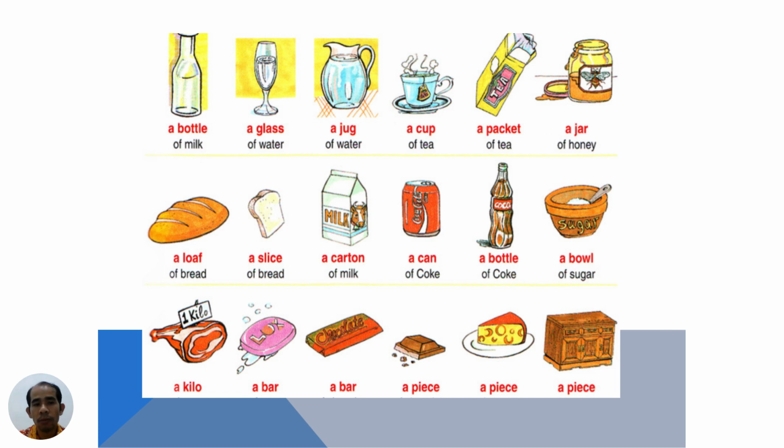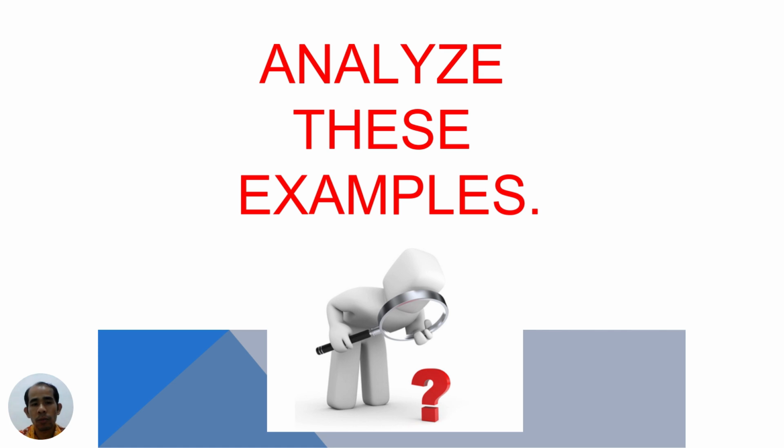Example, a bottle of milk, a glass of water, a jug of water, a cup, a packet, a jar, a loaf, a slice, a carton, a can, a bowl, a kilo, a piece, and so on. We call these the measurement. So uncountable nouns, we can count with the measurement and the quantifier. Next, let's analyze this example.